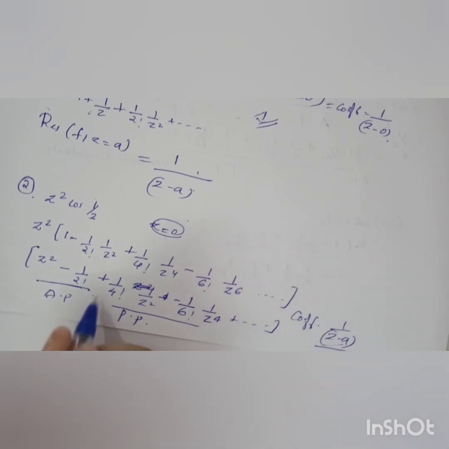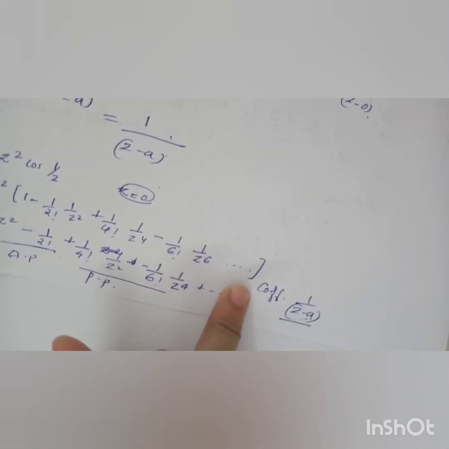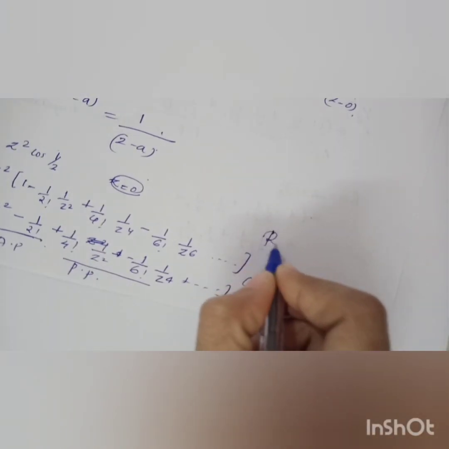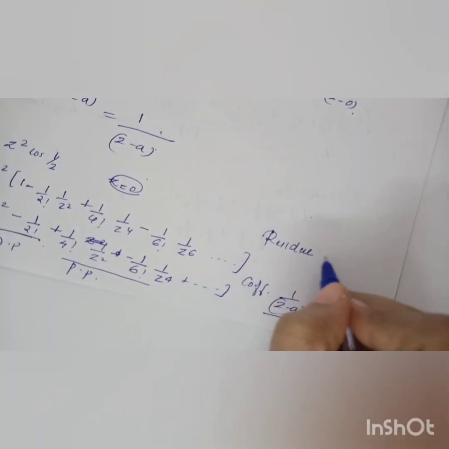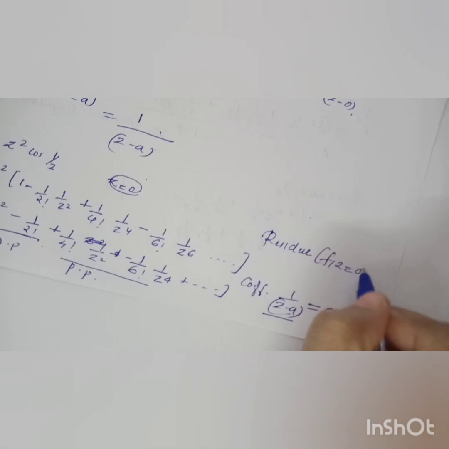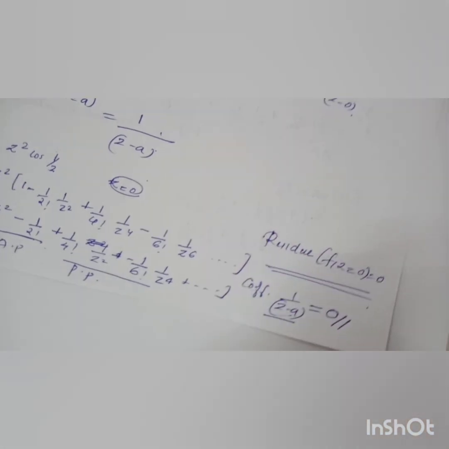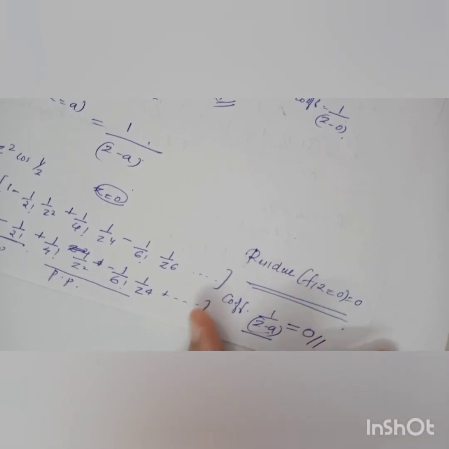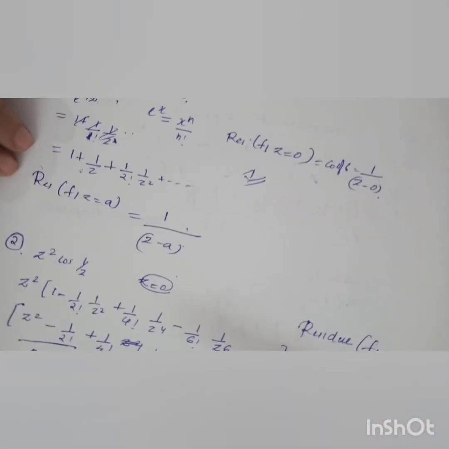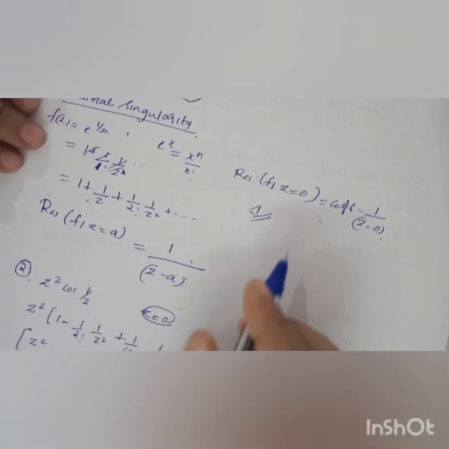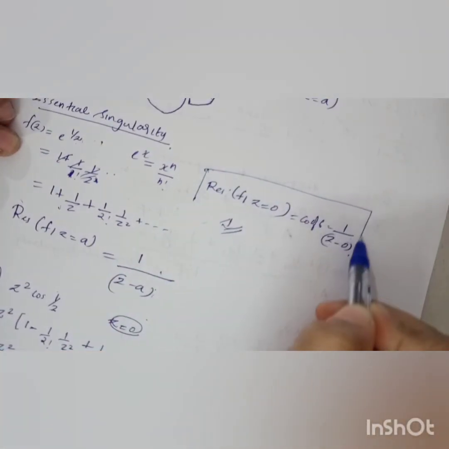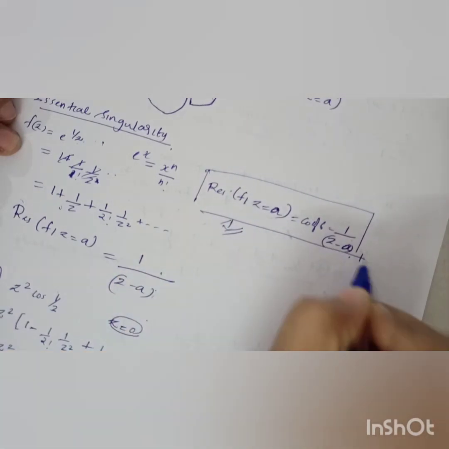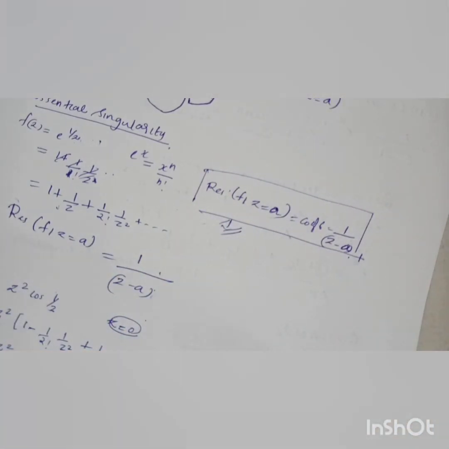Here the 1 by z term is absent, so the coefficient of 1 by z minus a is 0. So the residue of f of z at z is equal to 0 is 0. Okay, so this is the method we use to find the residue for an essential singularity. You have to remember that the residue of a function at z is equal to a is the coefficient of 1 by z minus a.